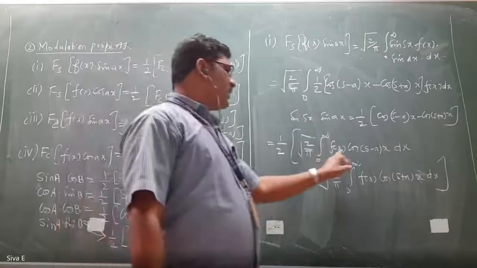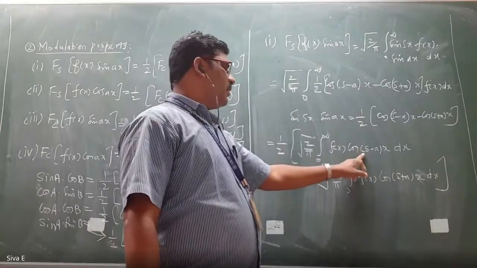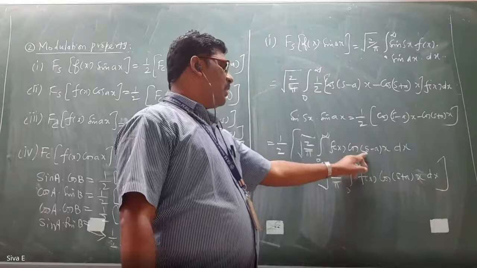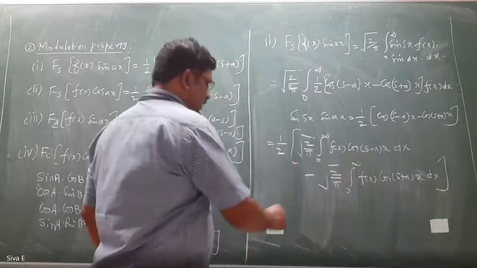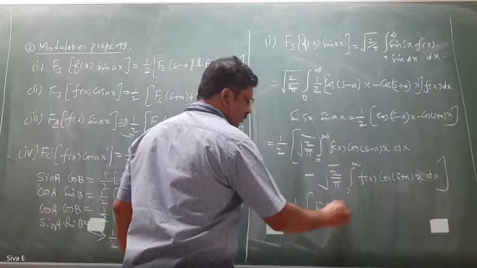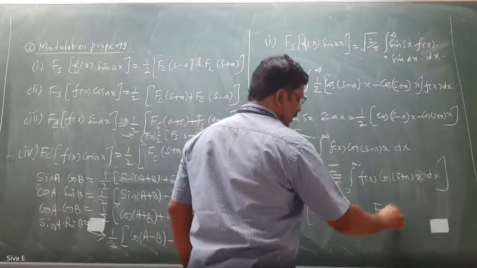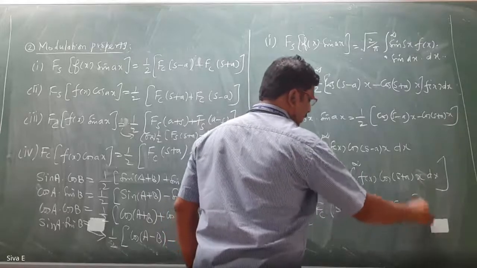So f of x cos sx dx means the Fourier cosine transform. It is 1 by 2 Fourier cosine transform of s minus a minus Fourier cosine transform of s plus a.